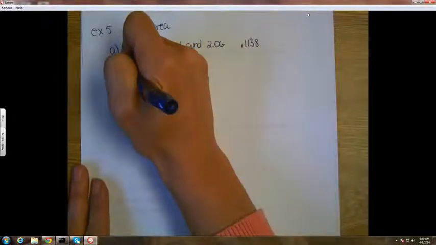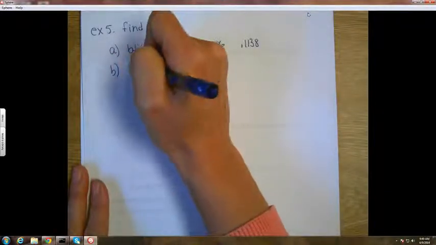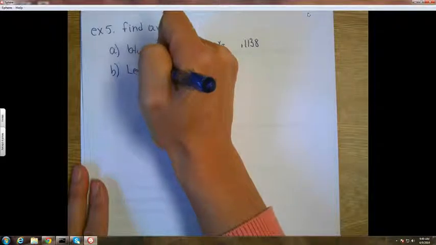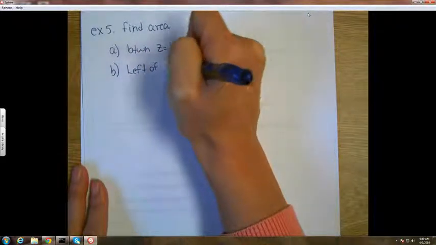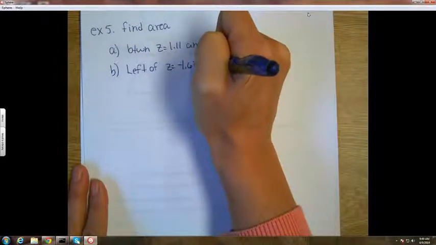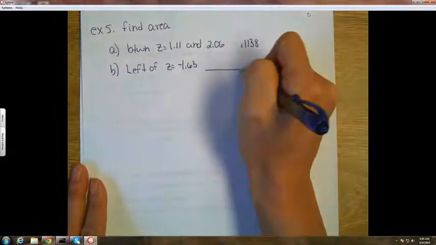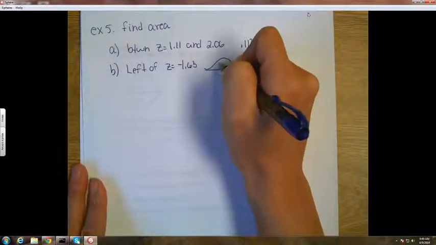What about that first one where I didn't do a left of a z-score equal to, my first one was negative 1.63. I'll shade that one in again.